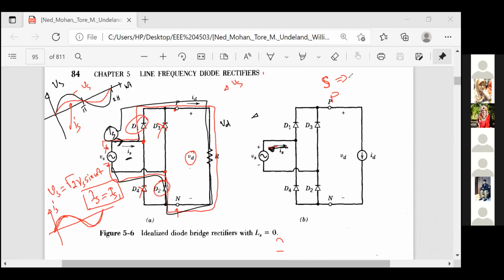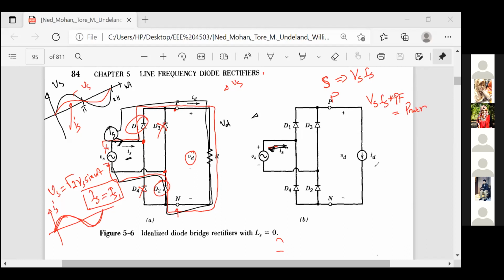S is the complex power, sir. Volt ampere, right? Apparent power. Yes, sir. So this apparent power Vs times Is, and then the power factor, must be equal to your power, right? Am I correct or not? Yes, sir. Okay.